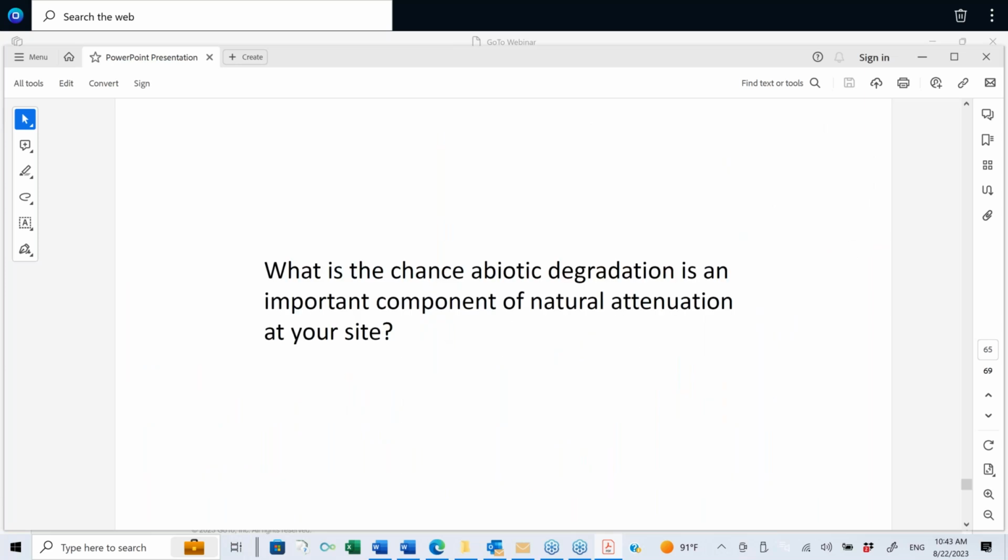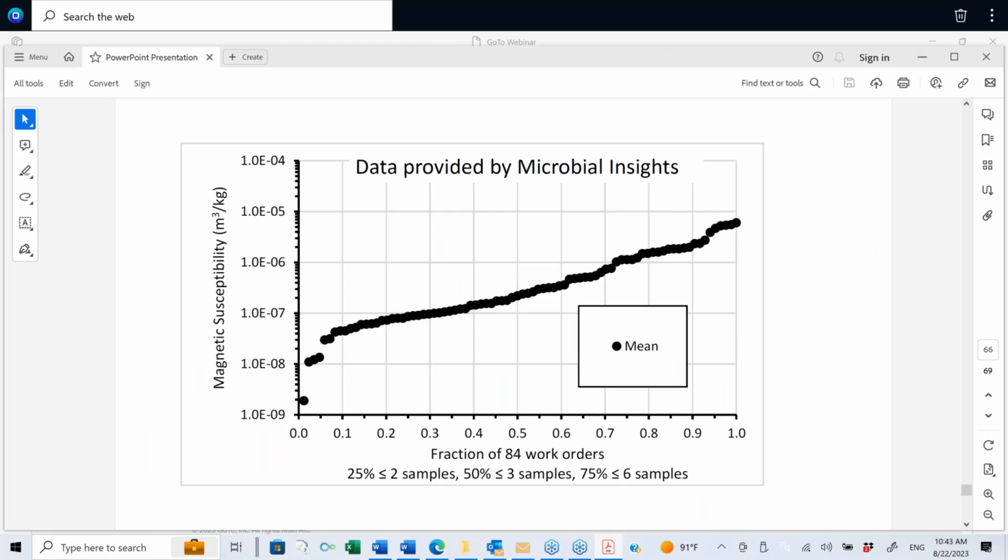Now, what does this have to say for you? Dora provided me her recent catalog list of magnetic susceptibility measurements on work orders for work that you, the Microbial Insights customers, had provided to her for analysis.